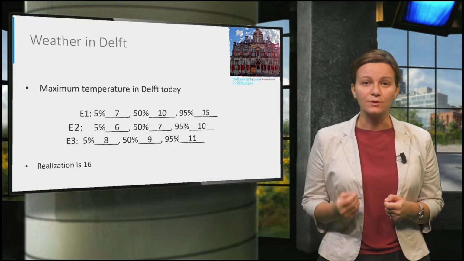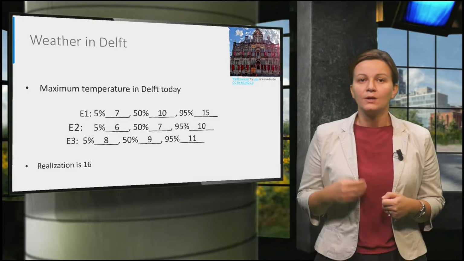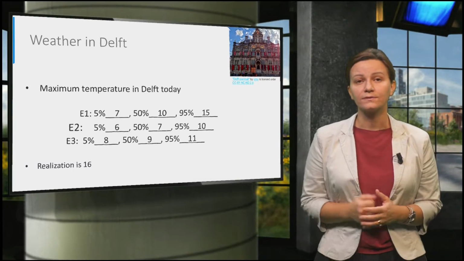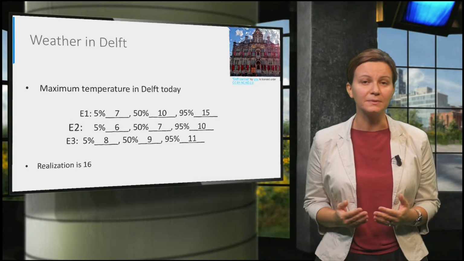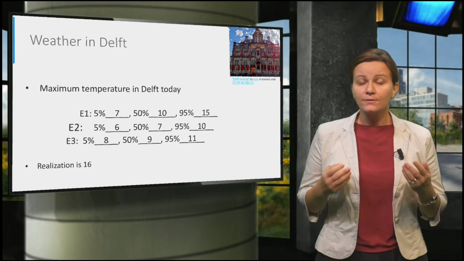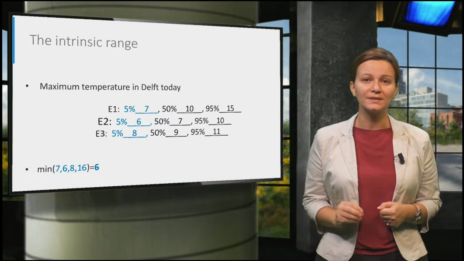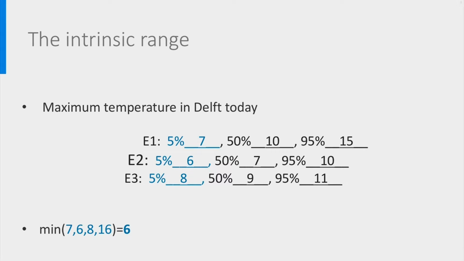To compute the information score of each expert for this calibration variable, we first need to determine the intrinsic range, or the support of the variable. That is, we need to obtain bounds which are determined by expert assessments and the realization. For this, we first take the minimum between all the 5% quantiles and the realization, which is the minimum between 7, 6, 8 and 16, and that is of course 6.